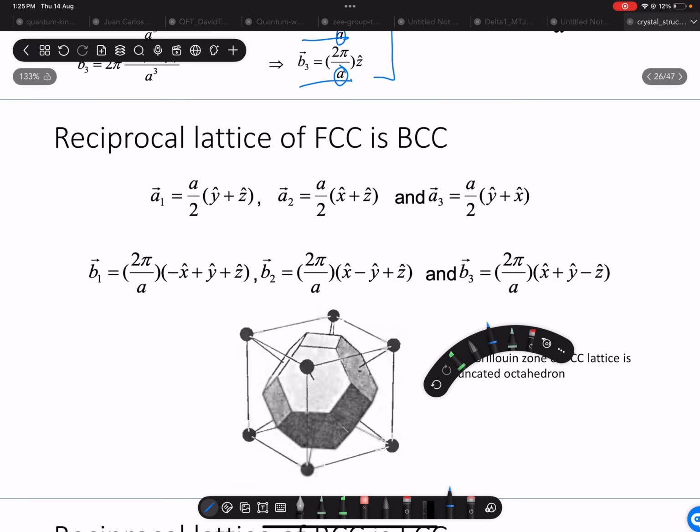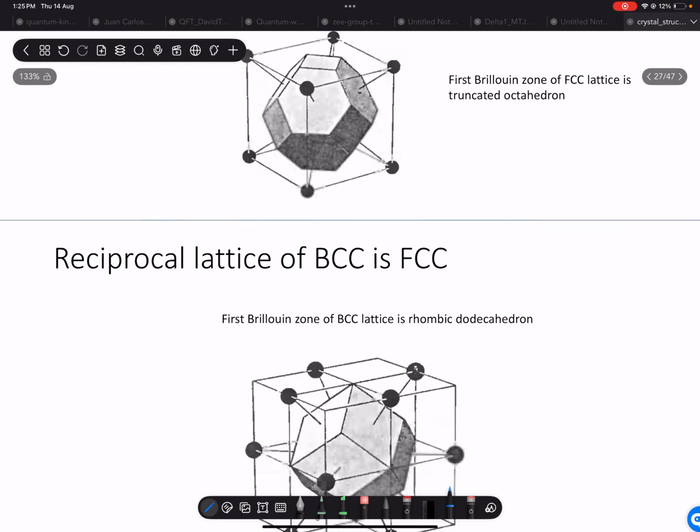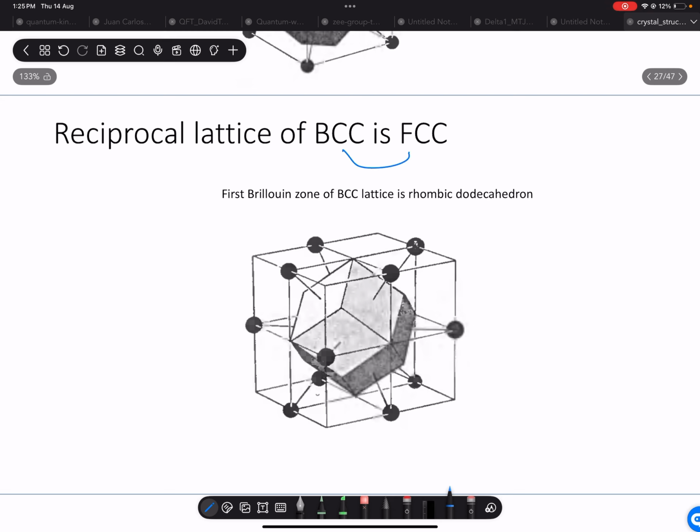Similarly, for FCC the reciprocal lattice is BCC. Take A1, A2 and A3, and from the given procedure you can find B1, B2 and B3, and you will see these are indeed BCC. And for BCC it is FCC. It has to be like that, right?